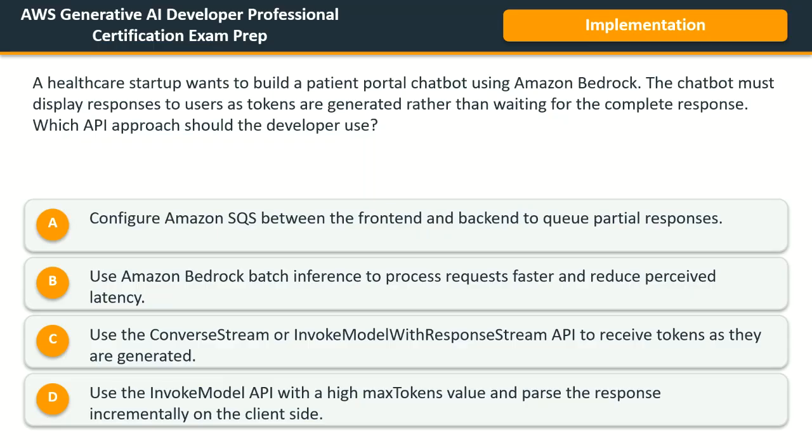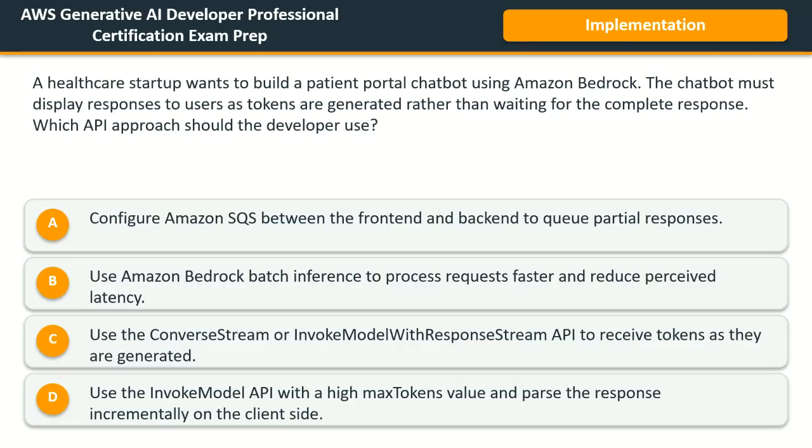A financial services company requires all prompts and responses from their Bedrock-powered assistant to be logged for compliance, but PII must be masked before storage. Which solution best meets these requirements with minimal custom code?